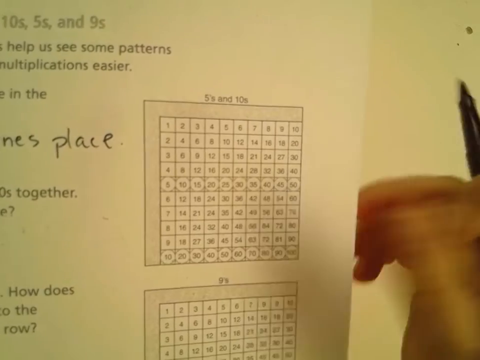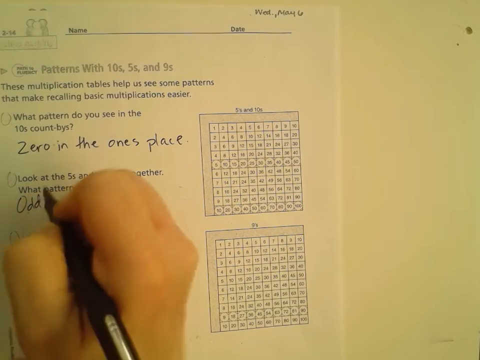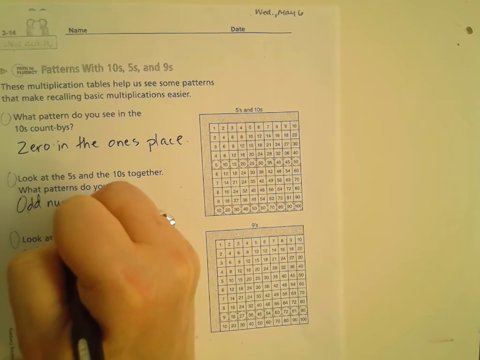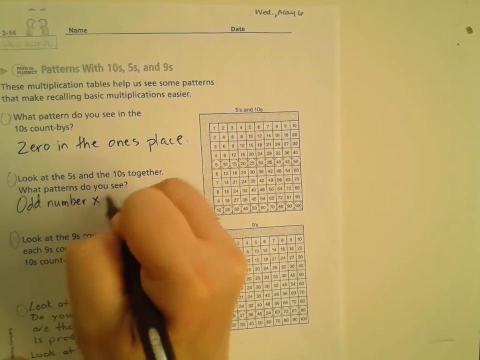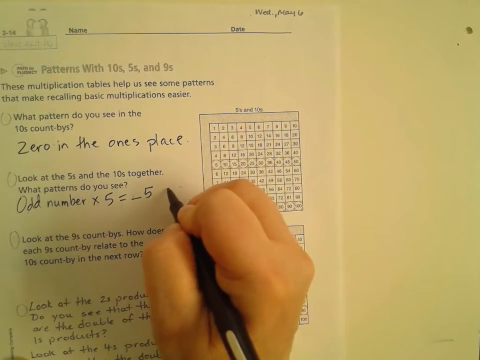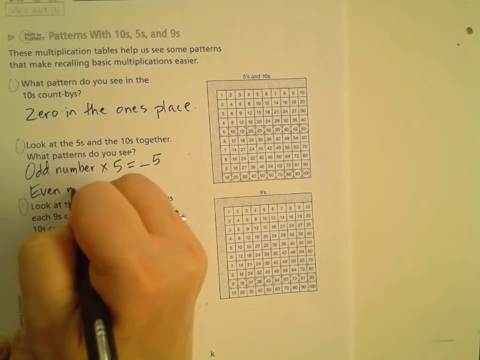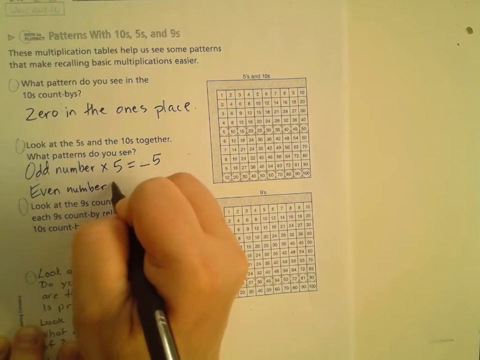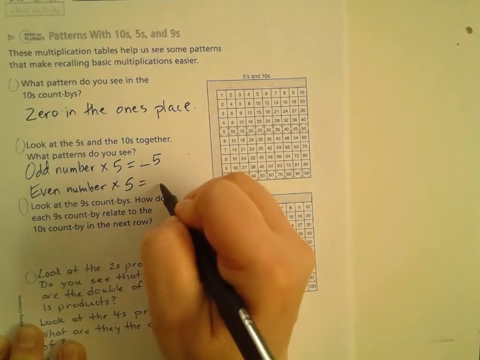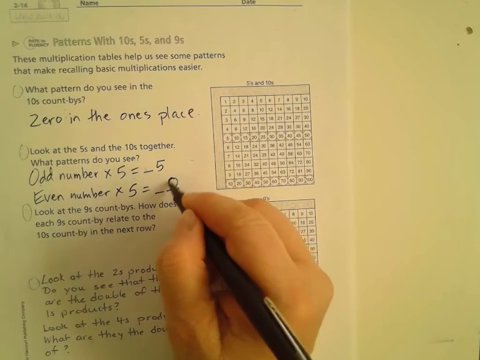Those are odd numbers. So odd numbers times 5 equal something with a 5 in the ones place. And even numbers times 5 equal something with a 0 in the ones place.